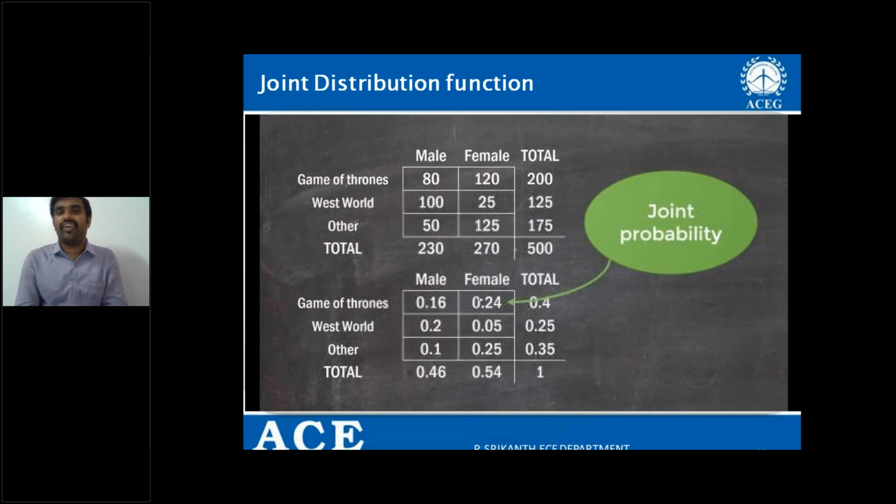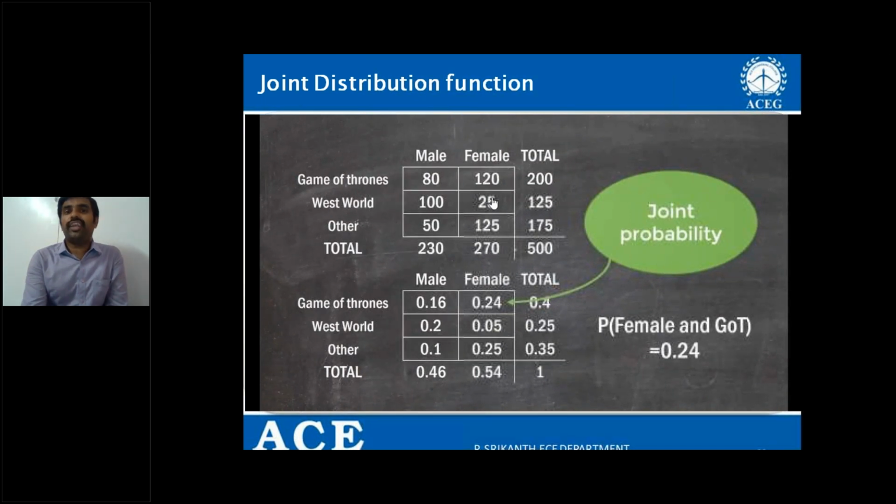and altogether 500. So here, the probability is 0.24, that is, 120 candidates out of 500. In the sense, 0.24 is the probability of female candidates subscribing to Game of Thrones, and this is called the joint probability. Why? Because the probability of female candidates and G, that is Game of Thrones, is called the joint probability, which is equal to 0.24.